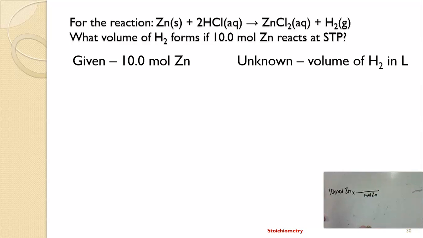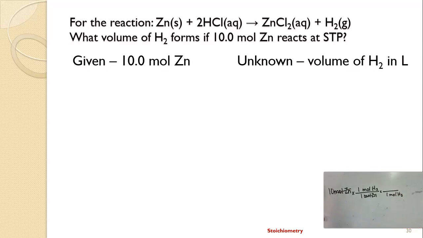Okay, and I'm going to convert to moles of hydrogen. I've got to put everything in moles first, and none of it's going to work if I don't do that. So I go to the balanced equation. There was 1 mole of hydrogen and 1 mole of zinc in my balanced equation at the top. Cancels my zinc. Now I'm going to use that 22.4 liters conversion factor. I just go down moles of hydrogen.